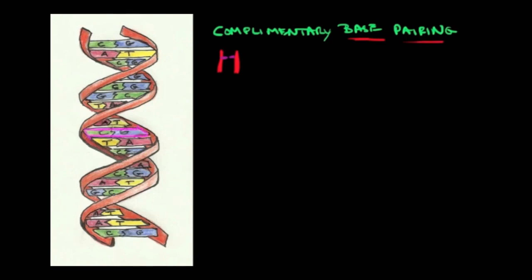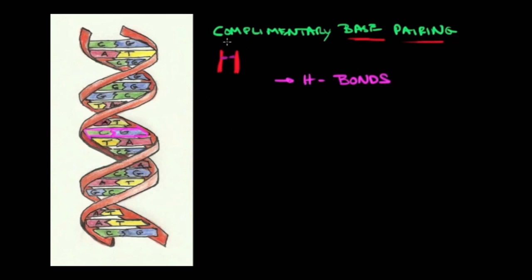These are my two bases, and they meet in the middle. They bind to each other with hydrogen bonds. Very important. So the bases bind with hydrogen bonds to each other in the middle of the DNA ladder, let's call it.